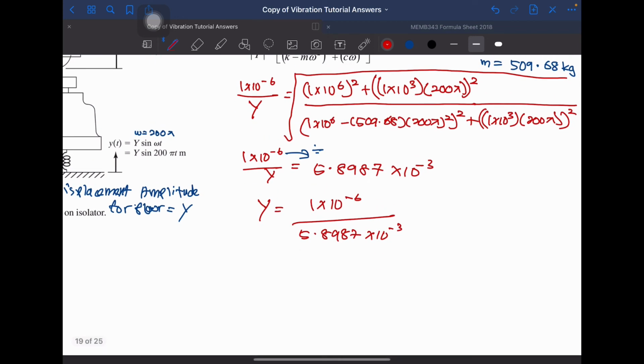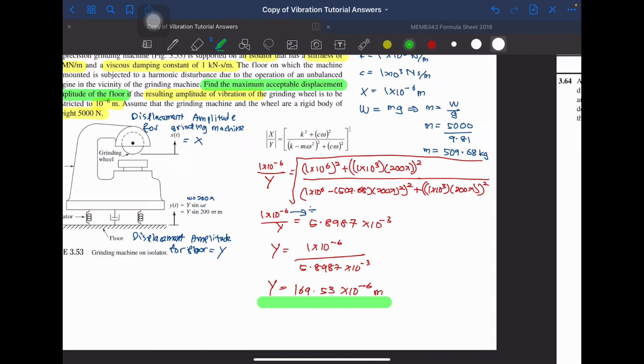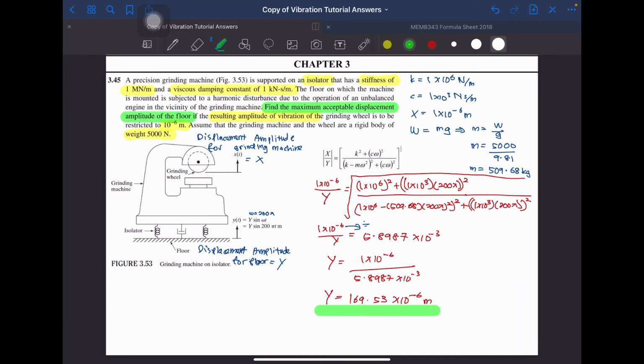Solving this, you'll get y to be 169.53 times 10 to the power of negative 6 meters. So this is the displacement amplitude of the floor or the base. As easy as that. You just have to use only one formula to solve problem 3.45. That is all for 3.45.